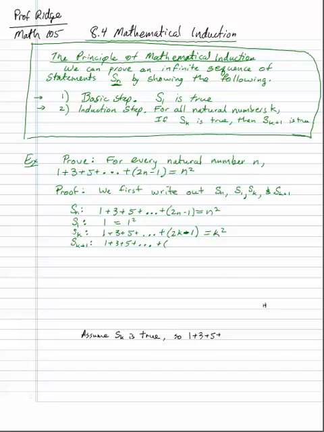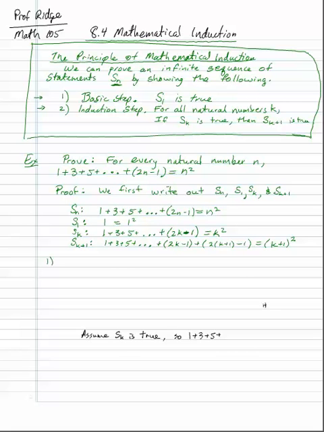It's always helpful to go ahead and write the 2k minus 1 in, and then the next term, which is the k plus 1 term. I'll show you in a minute why that's important.